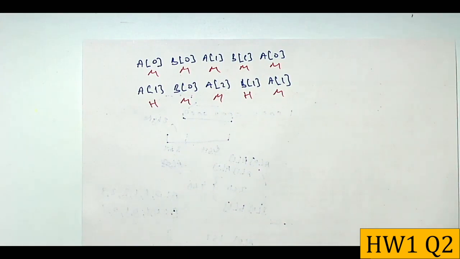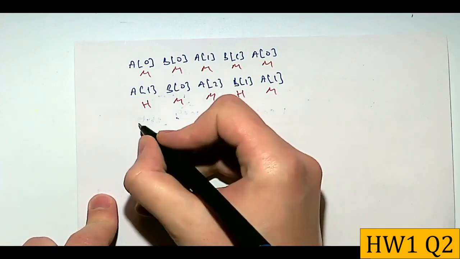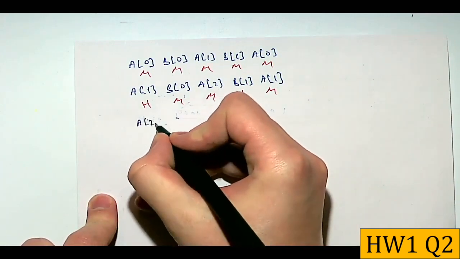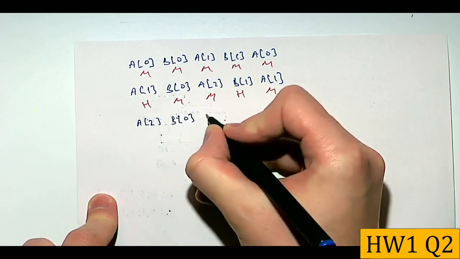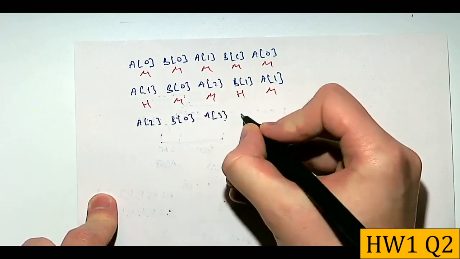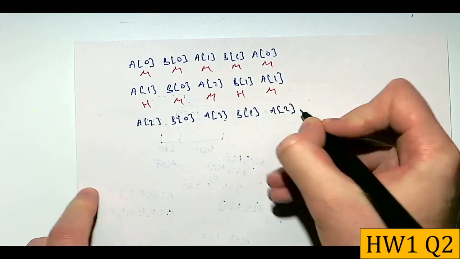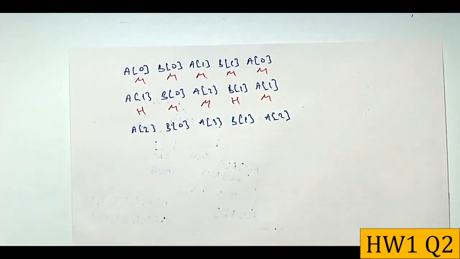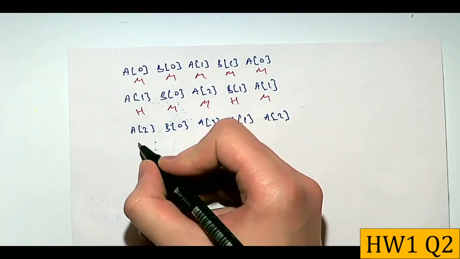Nice. Okay, I'm going to quickly go through some other iterations just to show you the hit and miss pattern that we'll eventually get. So A3, B1, A2. In this iteration, we already have A2 in the cache.